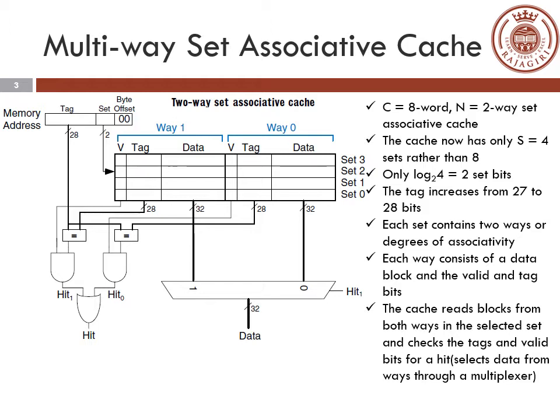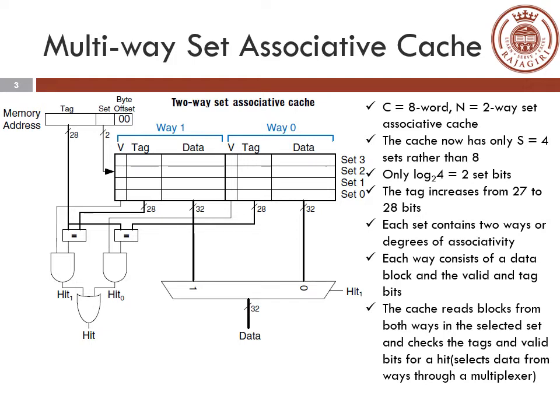Now the memory address, coming to the top left side, is the memory address given by the processor. The last 2 bits, the LSBs, are 2 zeros, the byte offset. Since it is a word address, the last 2 bits will always be 0.